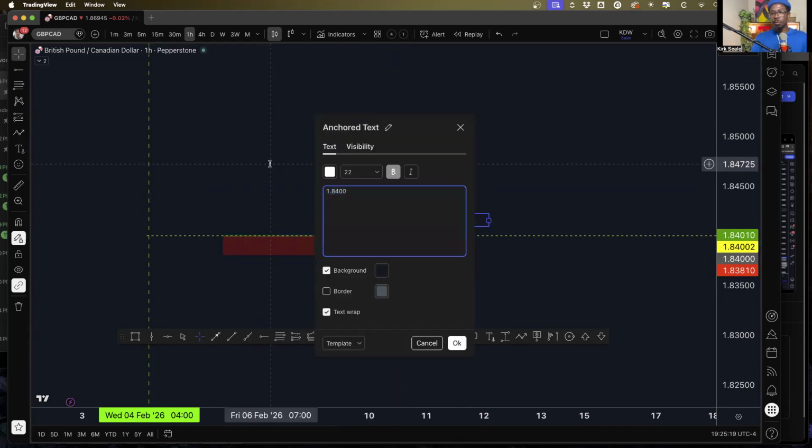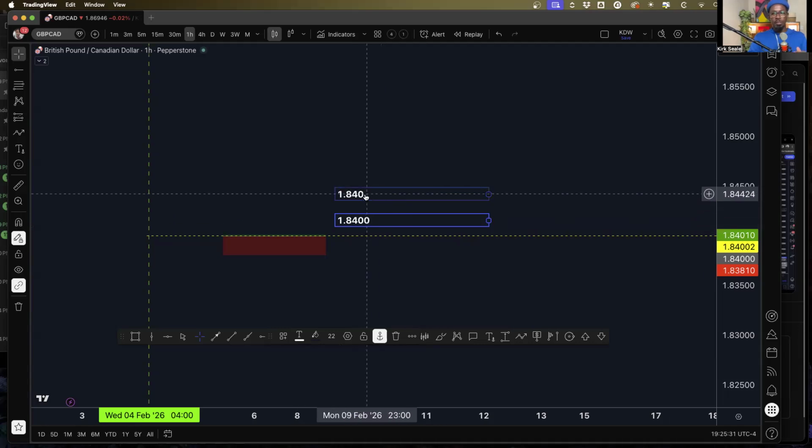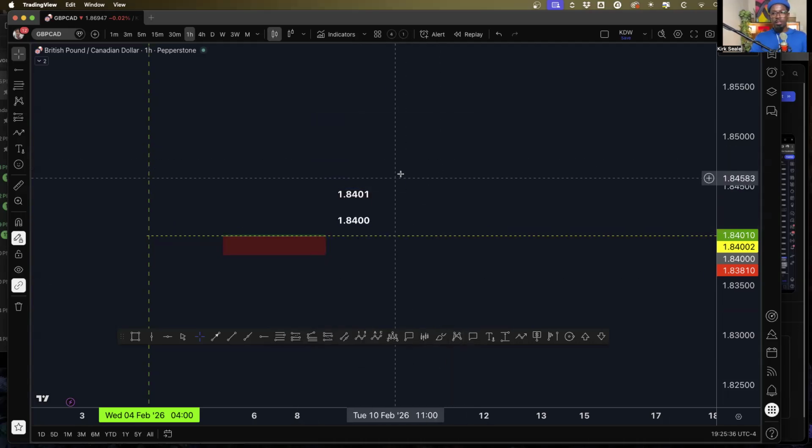All right. So when we're talking pips, we're going to be focusing on the third and fourth numbers after the decimal point. All right. So 1.8400. If that were to change to this, that would be price went up by 1 pip.